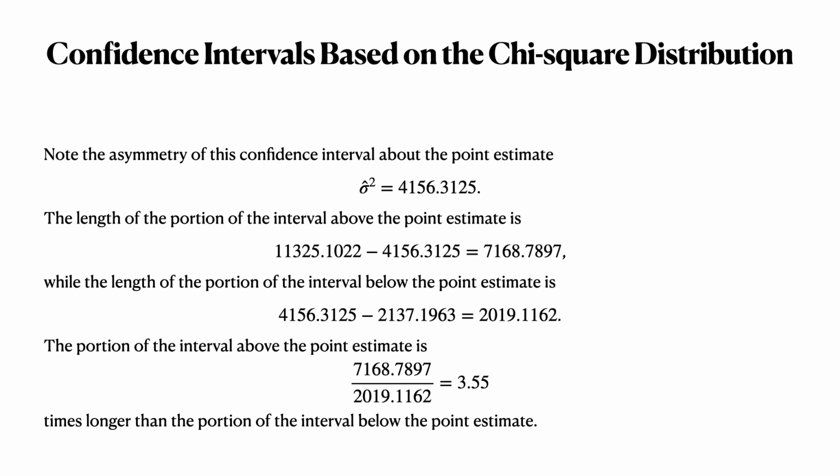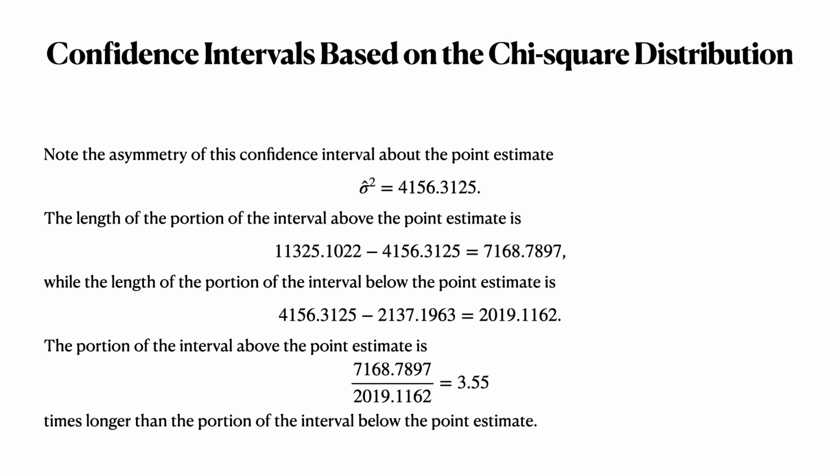On the other hand, the length of the portion of the interval below the point estimate is given by 4156.3125, the point estimate, minus the lower end point of that interval, 2137.1963. And so the length of that portion of the interval below the point estimate is 2019.1162. And so we can see here that the portion of the interval above the point estimate is 3.55 times longer than the portion of the interval below the point estimate.